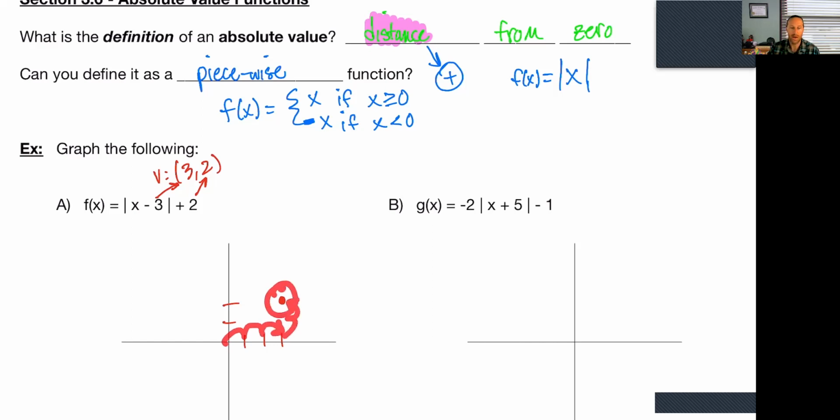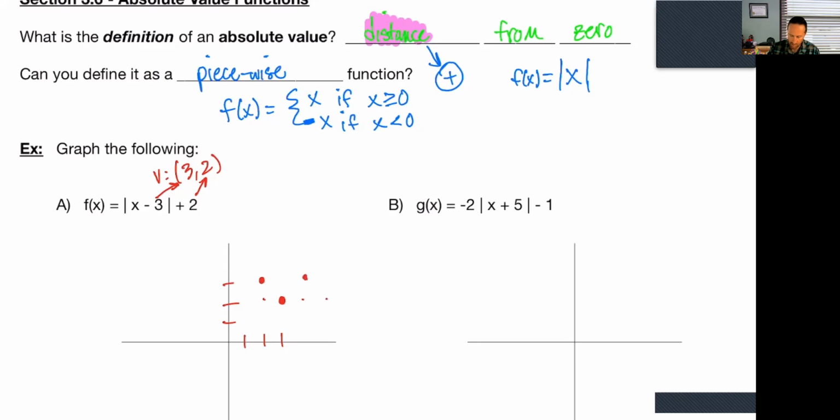That then is going to be my 0, 0, where I'm going to go right and left 1 and up 1. Left and right 2 and up 2. And building that V shape absolute value, it's now going to start here. So I will now go right 1 and left 1 with a Y value of 1.